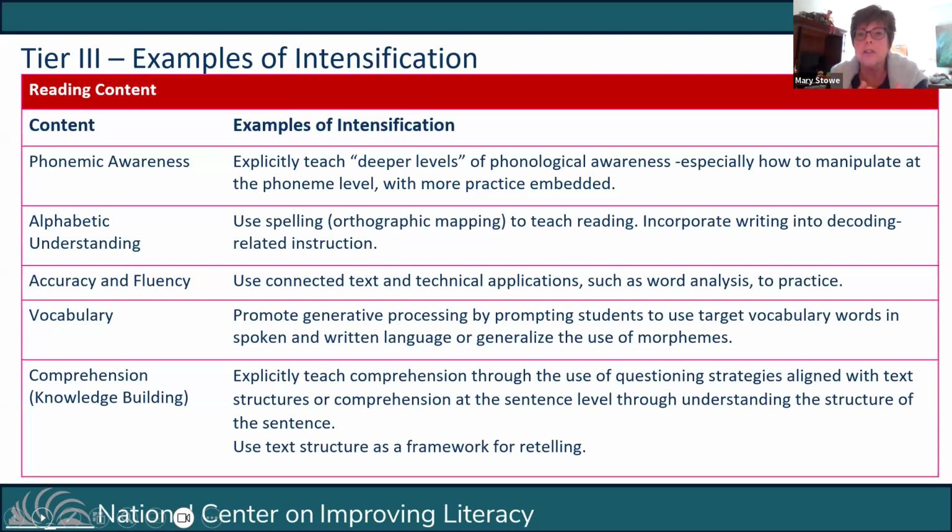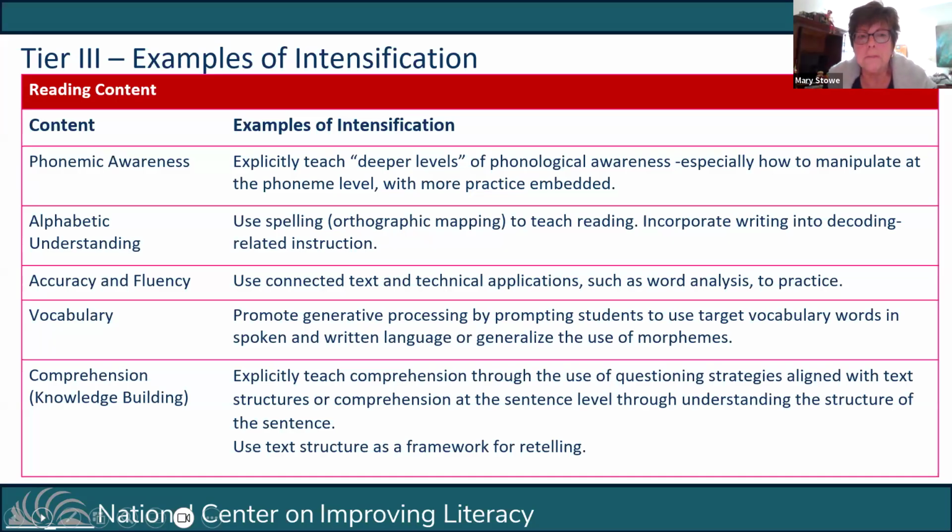And research tells us that there are few students who may need that work. But when we also think about phonics instruction and alphabetic understanding, we may need to intensify the work we do in regard to spelling.